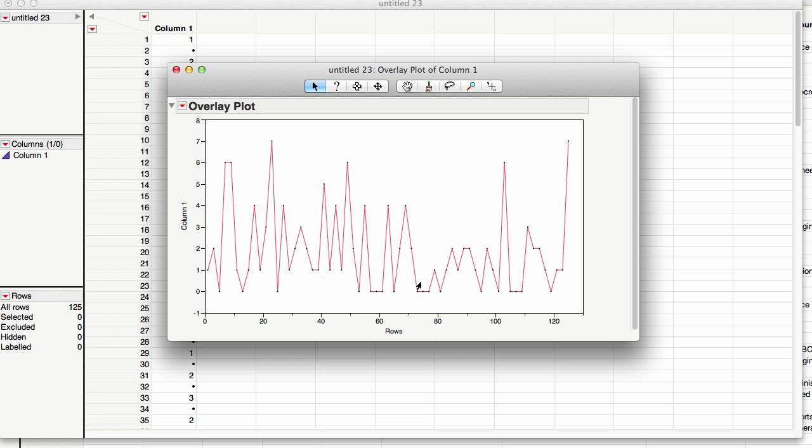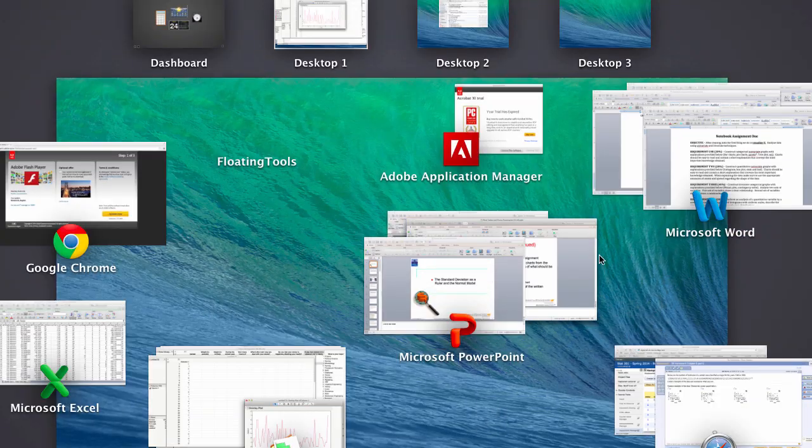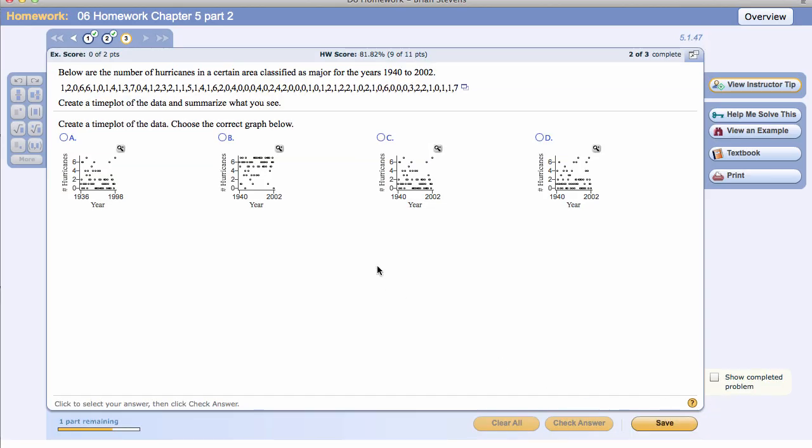So let's go back to the data here. One thing you can do to get this question correct is to read from the left to the right. If you notice, I have 1, 2, 0, 6, 6. So in other words, you don't even have to use JMP at this point. But if you notice, right here we have 1, 2, 0, 6, 6.